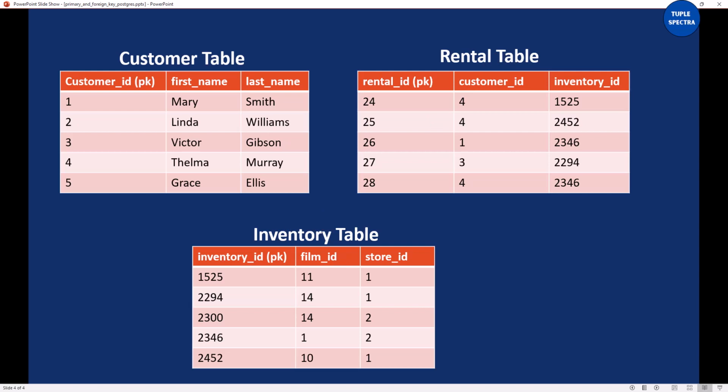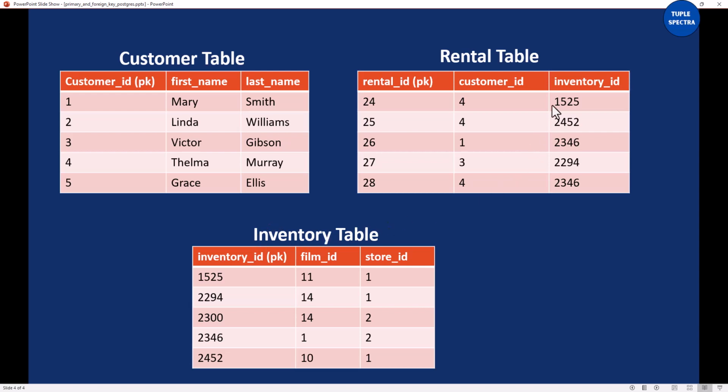As you can guess, rental table and inventory table will be a parent-child relationship. Why is that? Because this inventory ID in this rental table is referencing the primary key that is inside the inventory table. Okay, this inventory ID is referencing the inventory ID primary key here that is inside this inventory table.